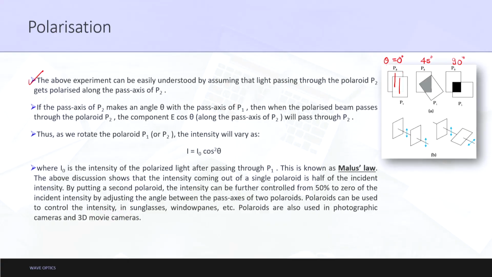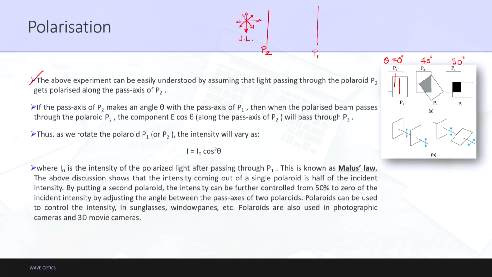Let me try to explain it using the sheet here only. So let us suppose this is your unpolarized light. Let me write the unpolarized light as UL. Now let us suppose this is the sheet P2, and let us suppose this is the sheet P1.